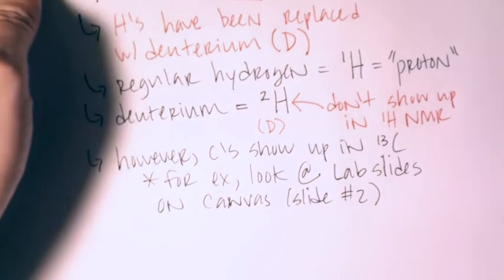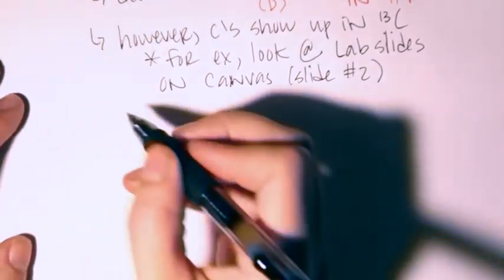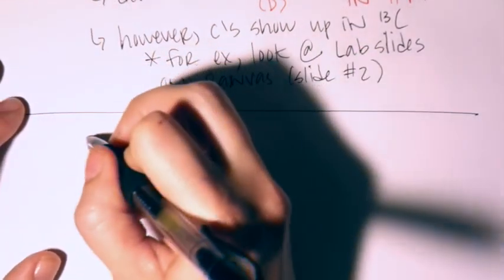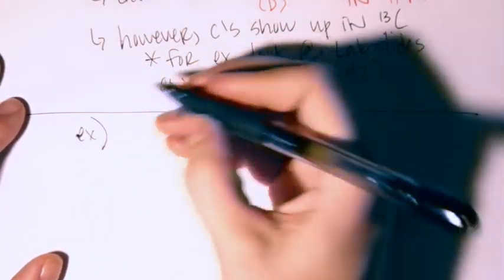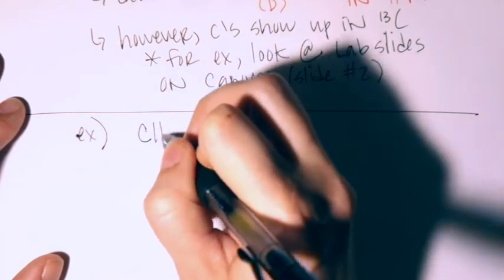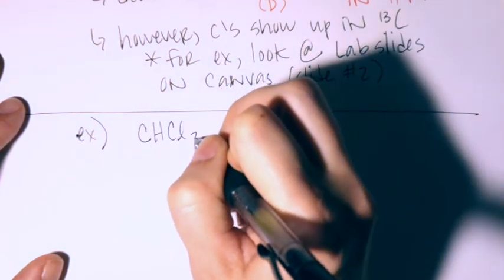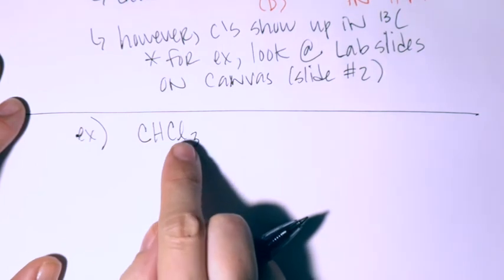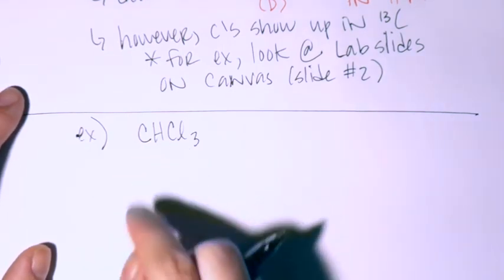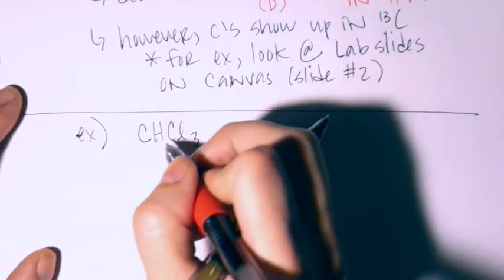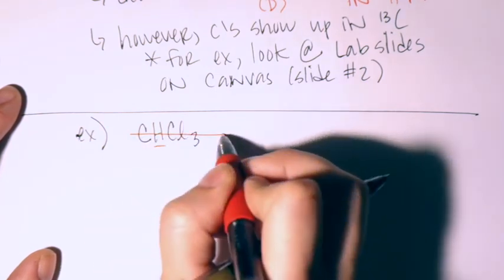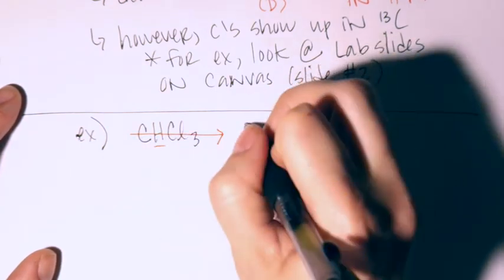And so there are a lot of different deuterated solvents that are used, but these are just some common ones I'm going to talk about. For example, a common NMR solvent is chloroform, or trichloromethane. You'll see that one a lot. And if you deuterate it, we take the H's and replace them with deuterium.